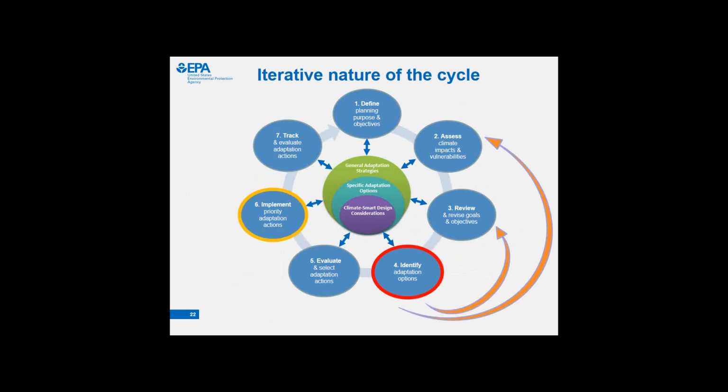Or looking at the climate smart design of an action might make you realize that it may not even be possible to meet the original objective of that action. In that case, that might send you back to step 3 to review and revise, if necessary, the goals and objectives of your plan.